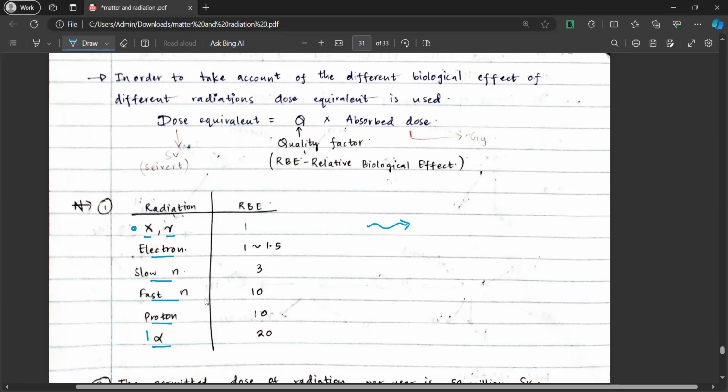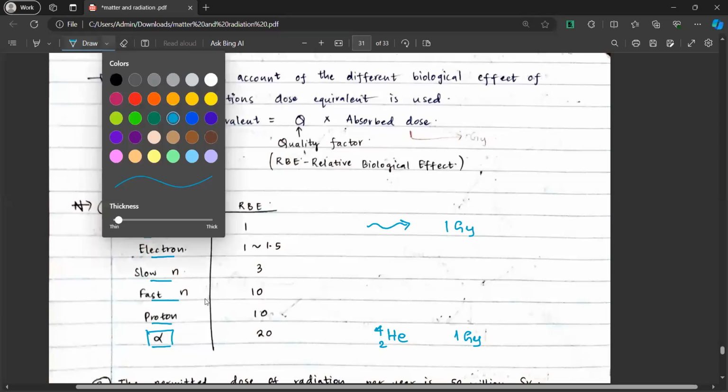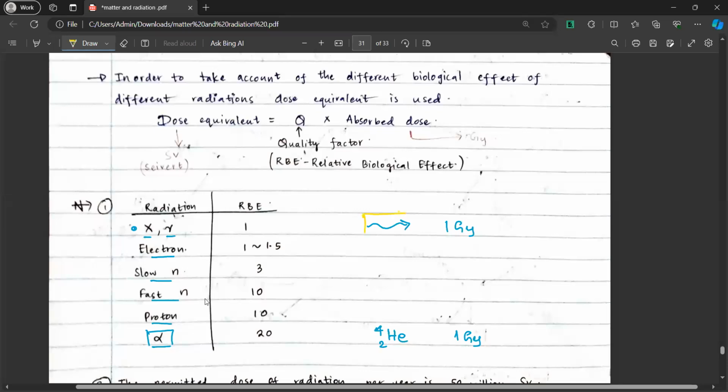And then how about alpha? Alpha was the helium nucleus. So both of them may be 1 gray of radiation, but the effect due to this X-ray and alpha, are they the same?